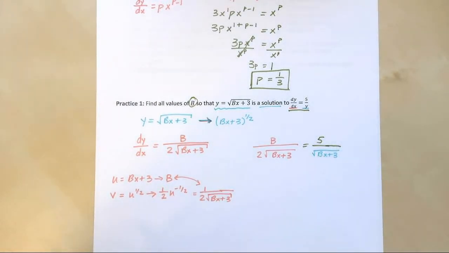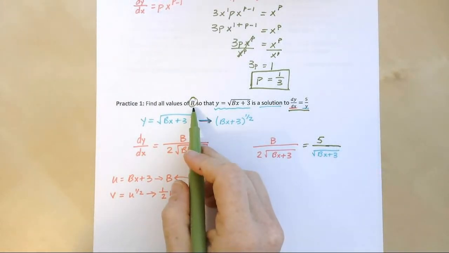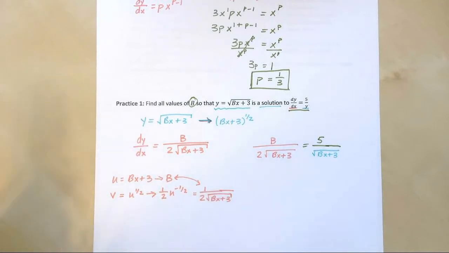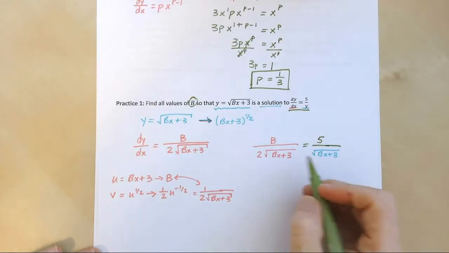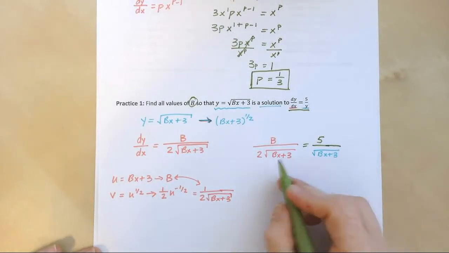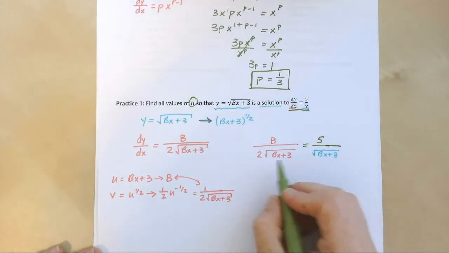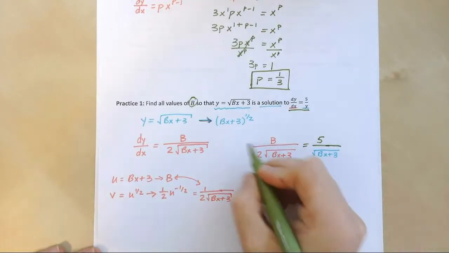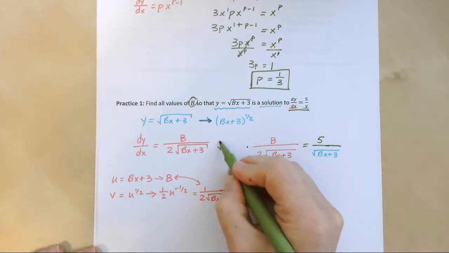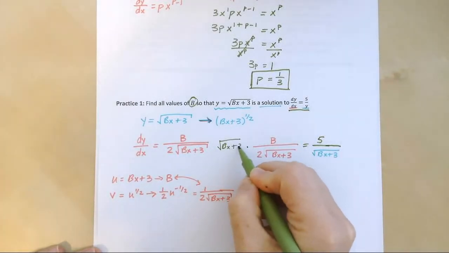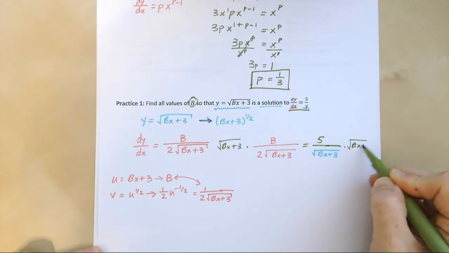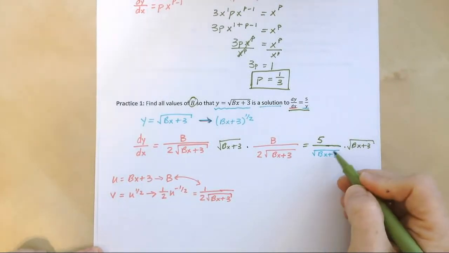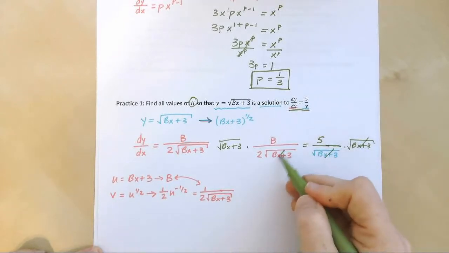All right, and we are trying to find b again, so let's isolate b. The first thing that I would do is multiply the square root of bx plus 3. You can multiply either one of them. I'm just going to multiply this one to this side. So times square root of bx plus 3, and they will cancel on both sides.